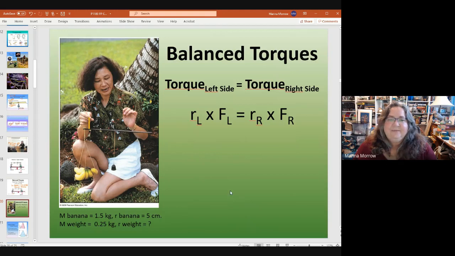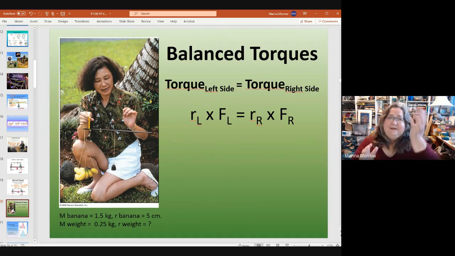Here's another example. We've got a woman who is weighing bananas using this sliding weight system. If you ever did a pan balance when you were younger or in chemistry class, you slide the weights along, right? That's the same thing.